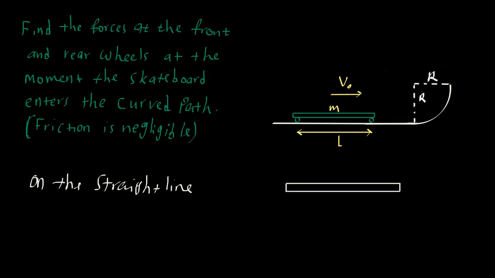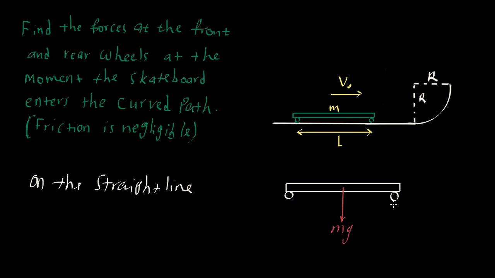Let's have the wheels here, for example. That's one wheel, the other wheel here, and we have the force of gravity acting on this skateboard. Let's show this with mg.